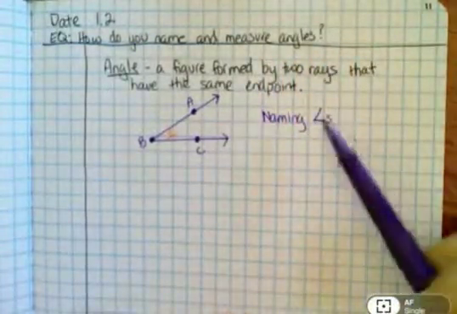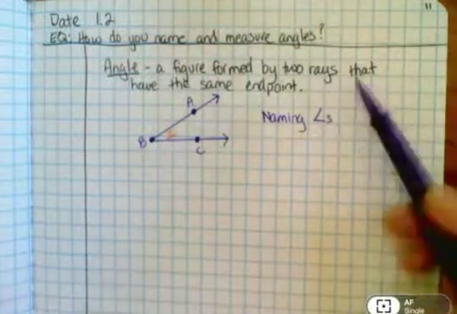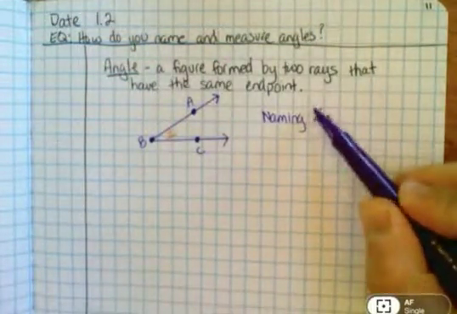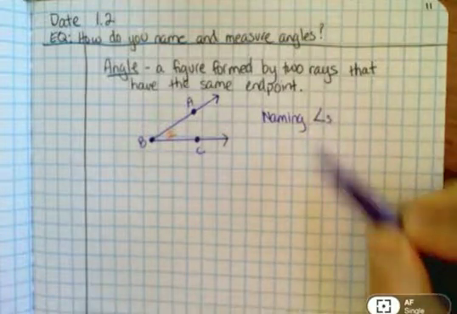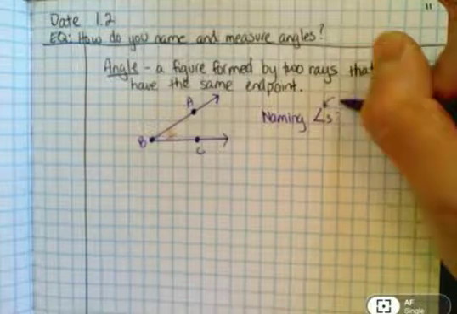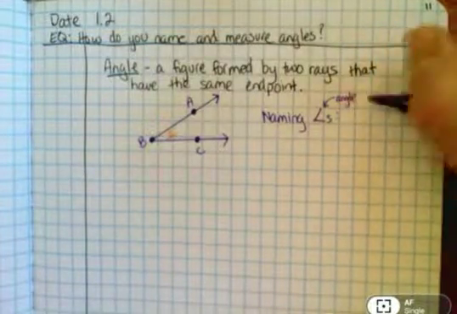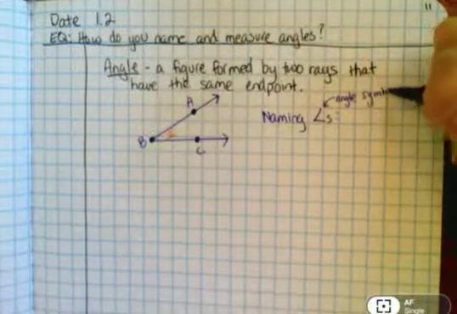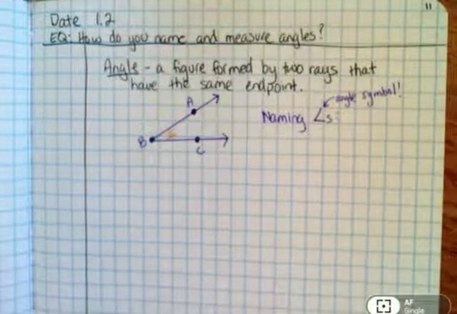By the way, that is the angle symbol. So it's sort of an L, but instead of going straight up, it goes off to the side and it makes a little angle. So naming angles. And maybe we should write the angle symbol. It's a useful little guy.